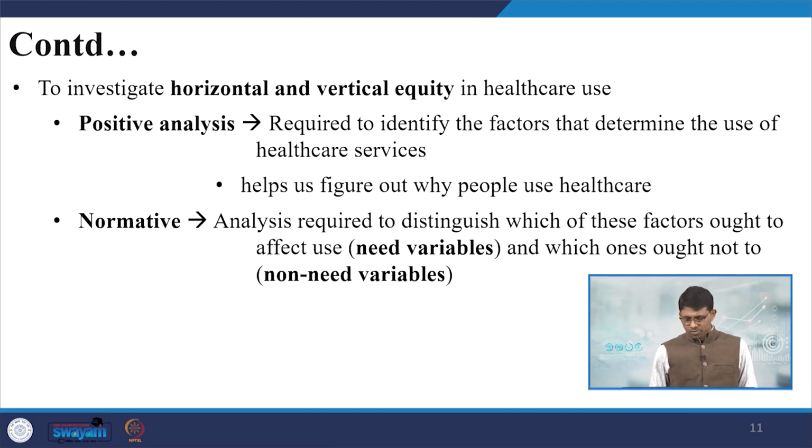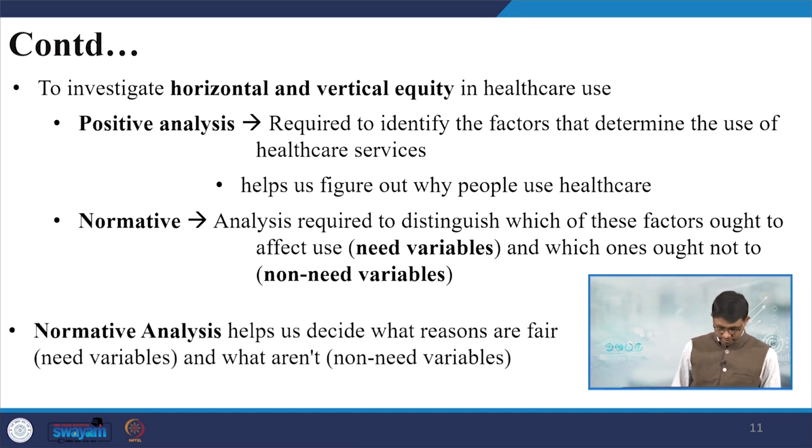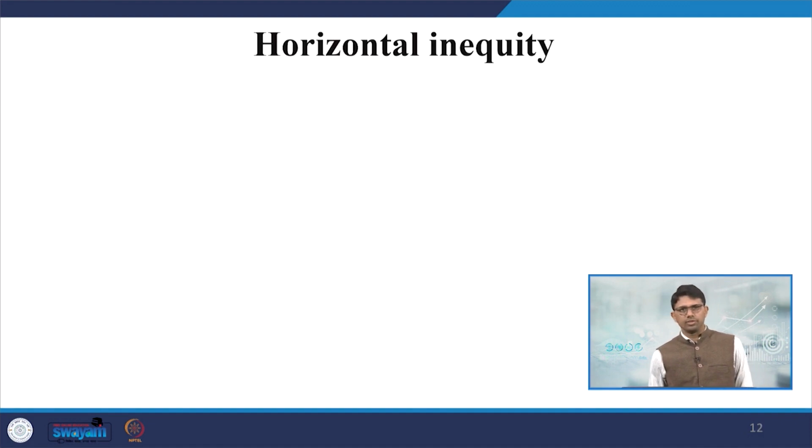So, the factors that ought to affect the use, and the ones that ought not to affect. Broadly speaking, this explains need-based and non-need-based variables. Hence, normative analysis helps us decide what reasons are fair for need variables and which are not, so far as non-need variables are concerned.